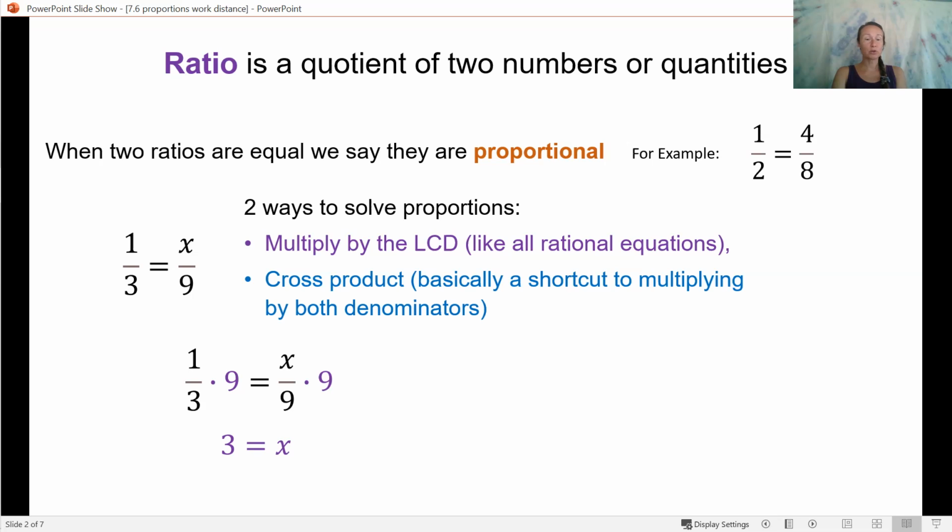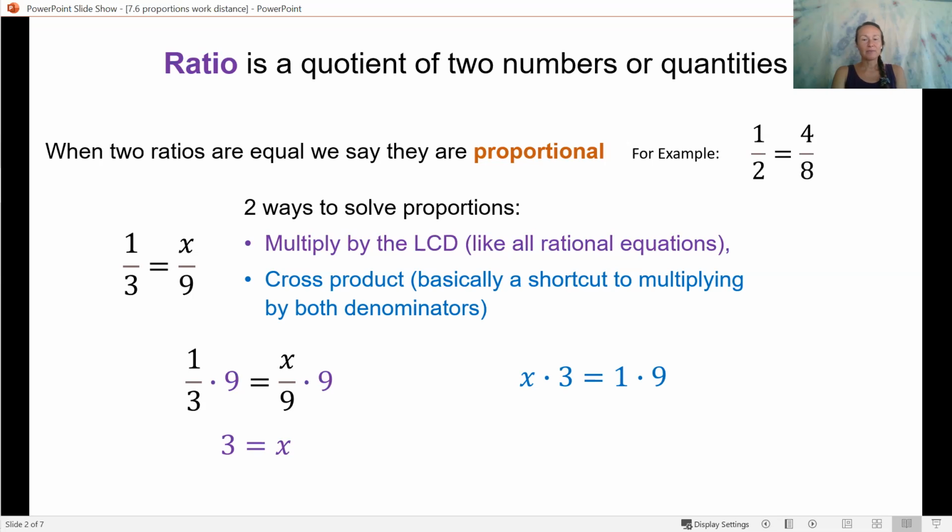If you want to use the cross product method, that's where we multiply the x times the 3, and we set that equal to the 1 times the 9. Essentially what we're doing is we're multiplying both sides by 3, and we're multiplying both sides by 9, and then canceling out the denominators there.